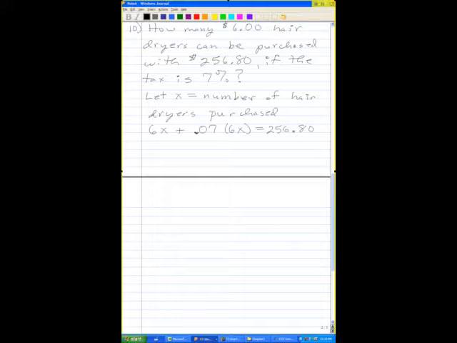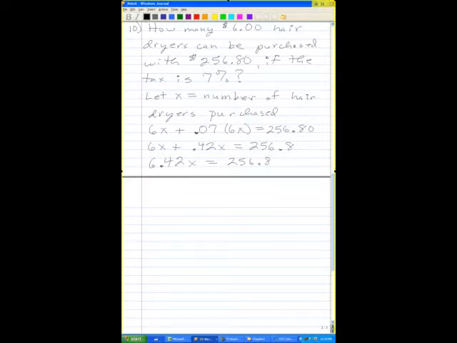So let's simplify this. 6X plus 0.07 times 6X is 0.42X. Let me add 6 plus 0.42, that is 6.42x, which is equal to 256.8.